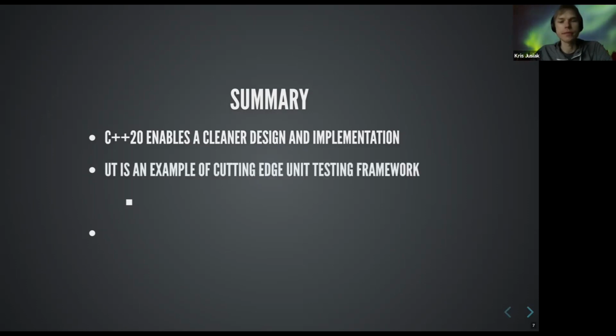So great. UT is an example of a cutting-edge unit test framework. It's kind of used in production by a few companies already who are capable of using C++20. It's production ready as well, and it's supported. It may get to Boost at some point. Wouldn't count on that too much, but maybe.